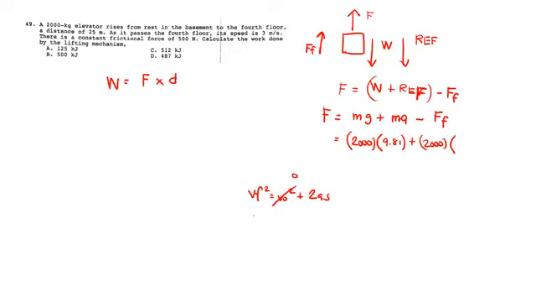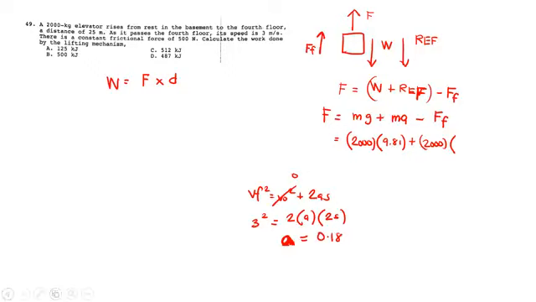So Vf natin, 3 squared is equals to 2 times acceleration times distance. Ang distance natin 25 meters. So, at a distance of 25 meters, ang acceleration natin is equal to 0.18.